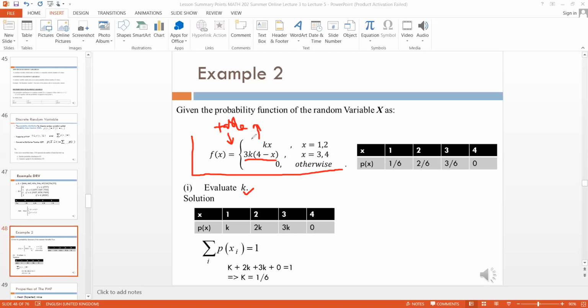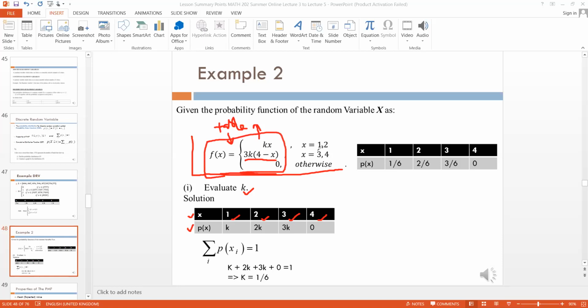In writing the probability distribution table, we always have x and p of x. So we write out the values of x, which will be 1, 2, 3, and 4. Then what is the probability? The probability is what is written here.